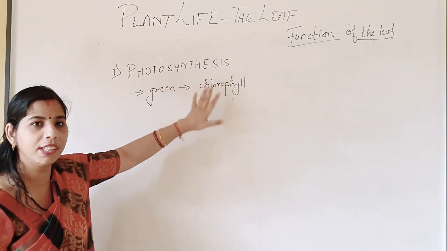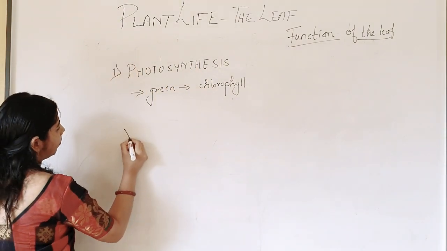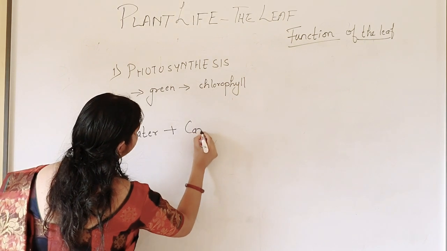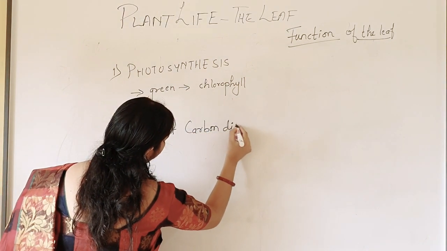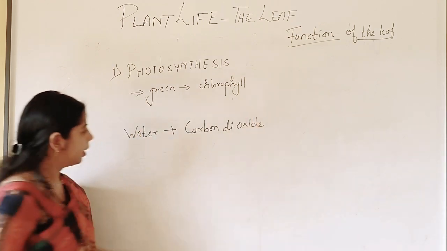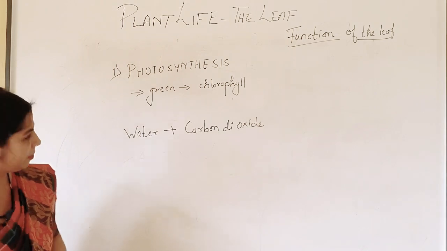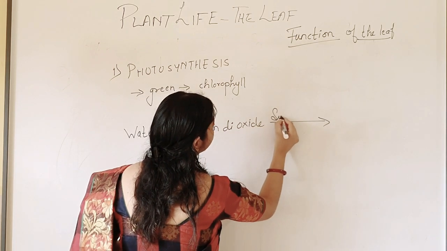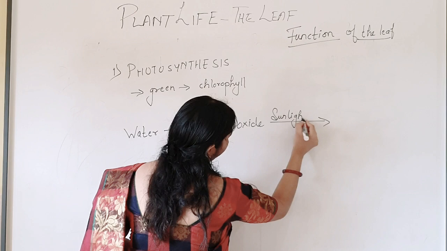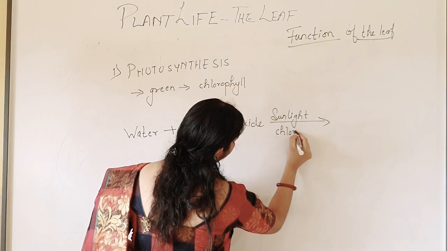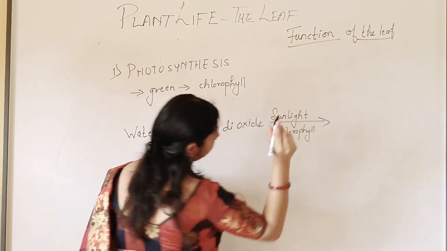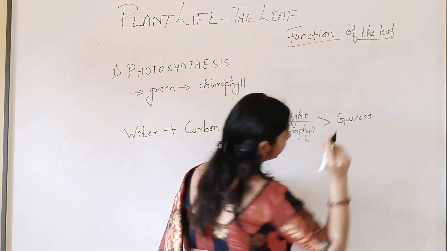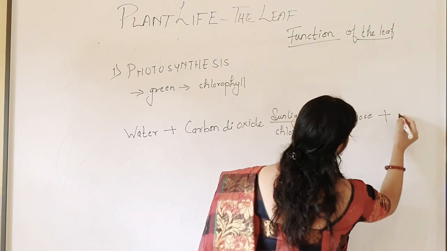And how is this process of photosynthesis performed? Here water plus carbon dioxide, these both things are present, and in the presence of sunlight and chlorophyll, it forms glucose, as well as it releases oxygen.